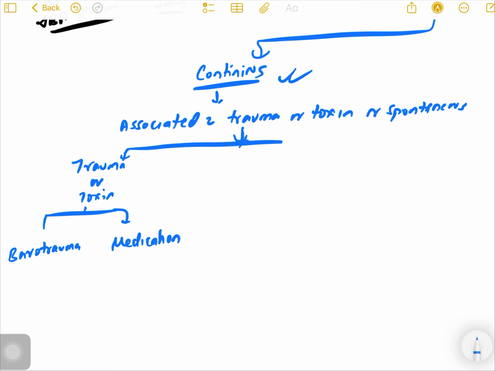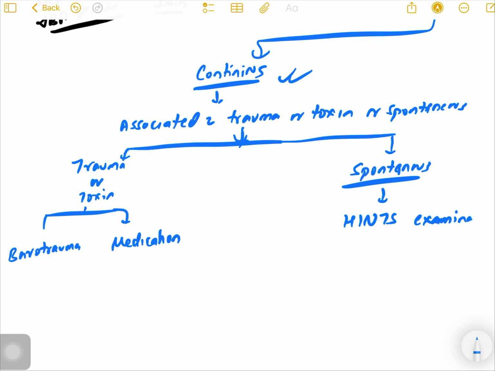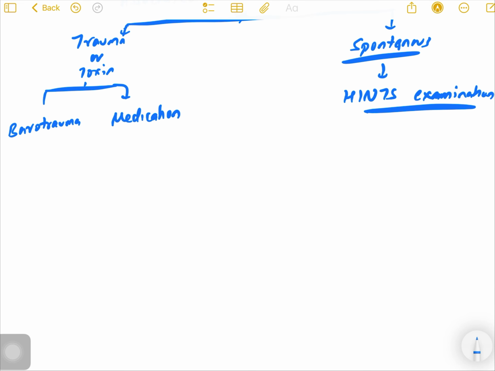But if it is spontaneous, then you have to do the HINTS examination, which means head impulse, nystagmus, and test of skew.